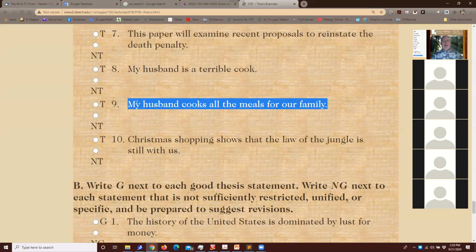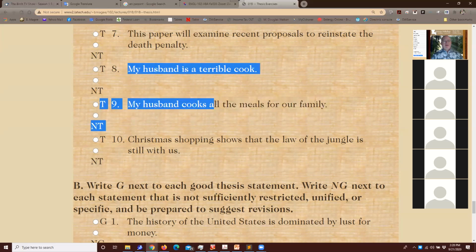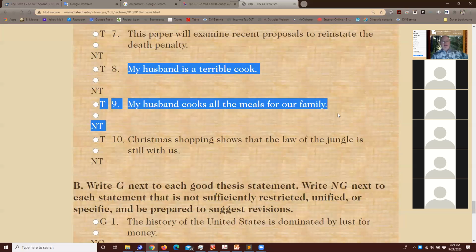Okay, the first one is, I mean, not a thesis. Right, why not? Because it's a statement. Yes, statement of fact. So these are obviously related, right? But number 8 is an opinion. Number 9 is just a fact. There's nothing to prove.